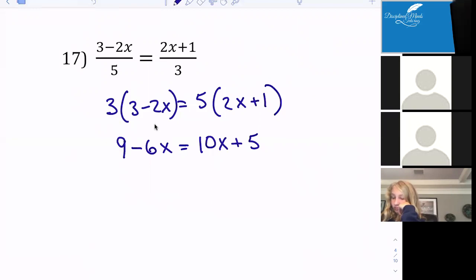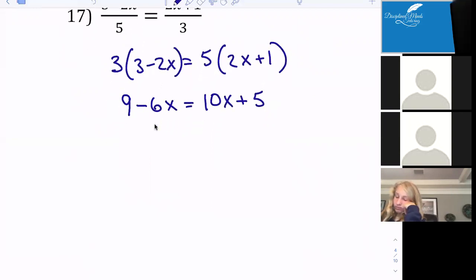Yes. Then you would move the 6x over, so you add 6x, and then you would subtract 5.